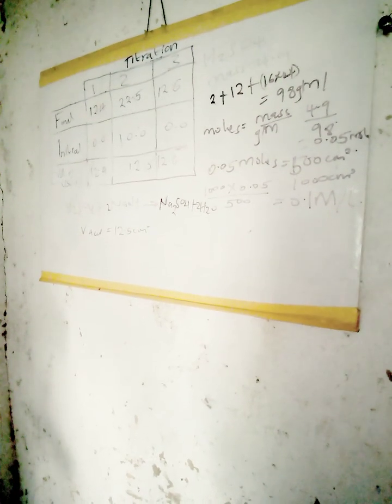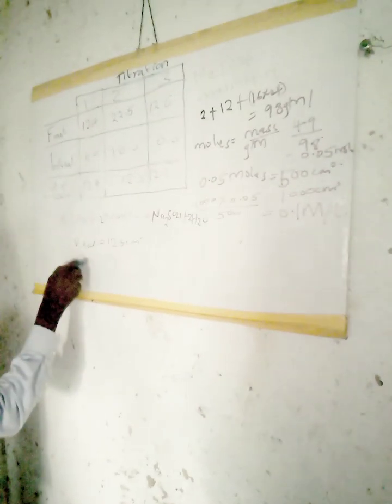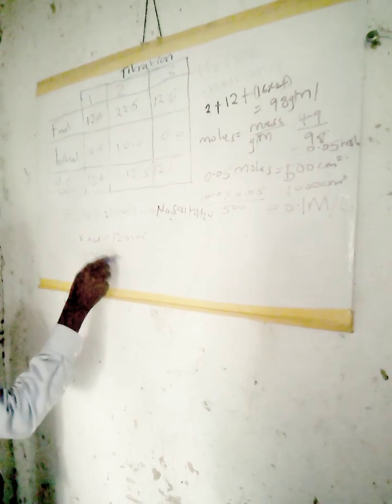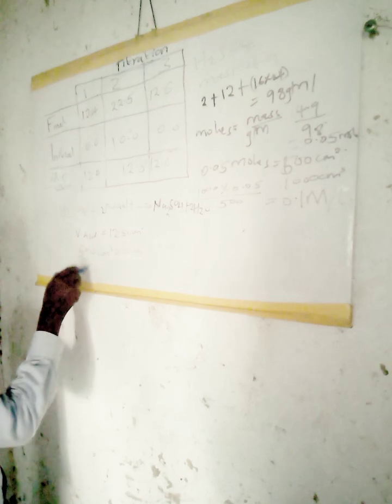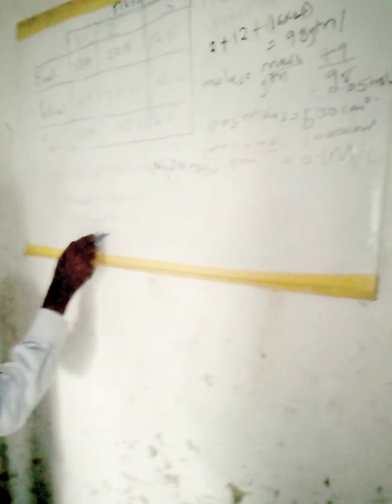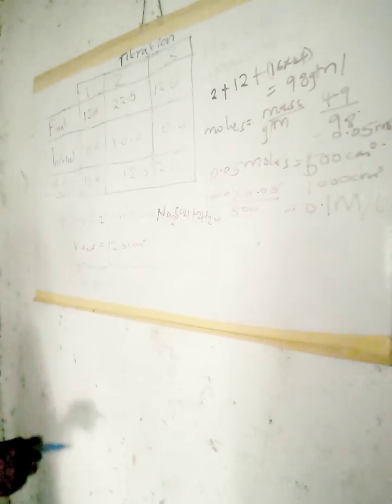So the average titer here is 12.5. We have seen that in 500 centimeter cubic you have 0.05 moles. So you can use 12.5 centimeter cubic to see how many moles we will get, because in 500 the number of moles was 0.05. Now what about 12.5?